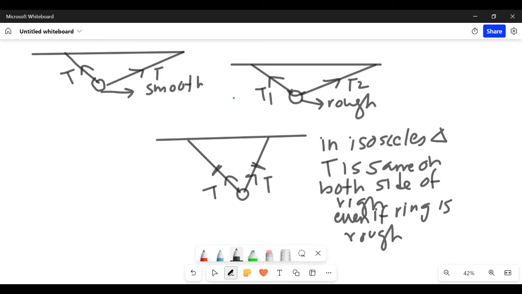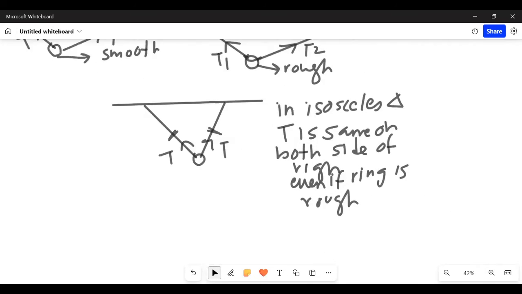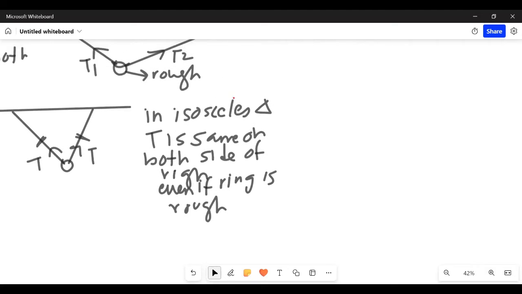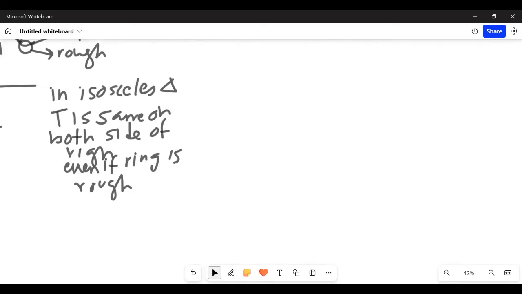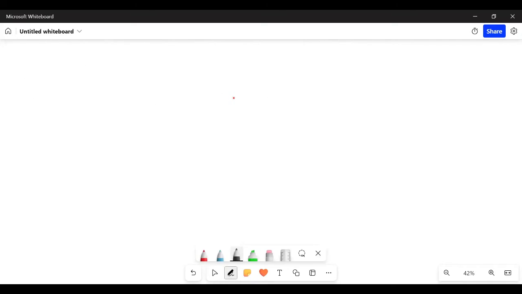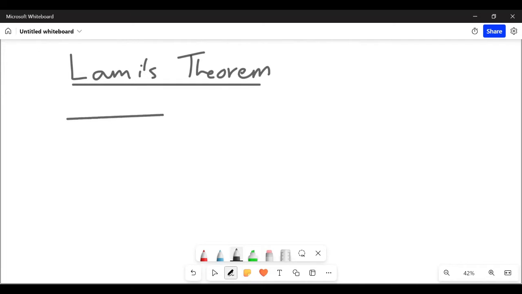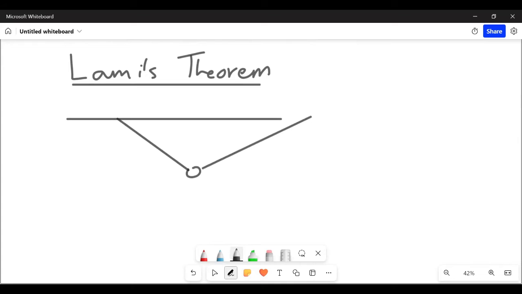Okay. Then there is a theorem which is called Lami's theorem. So now, again, let's consider the same setup. There's a ring, there's tension.